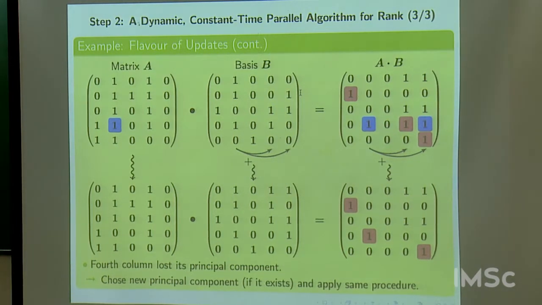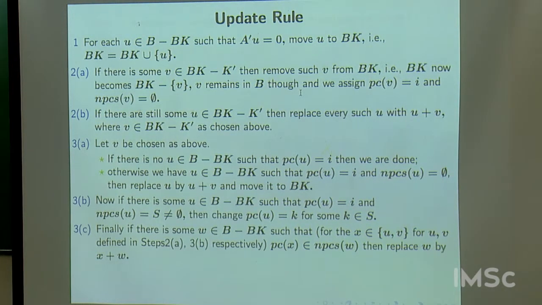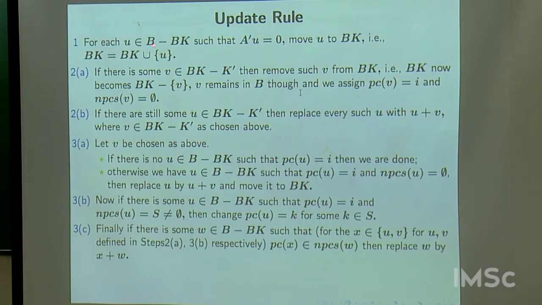Okay. So in a sense, this is some very simple linear algebra. I will not go into the details of the update rule, but this is the update rule. So the idea is, you have the current basis B, and this is the kernel basis.